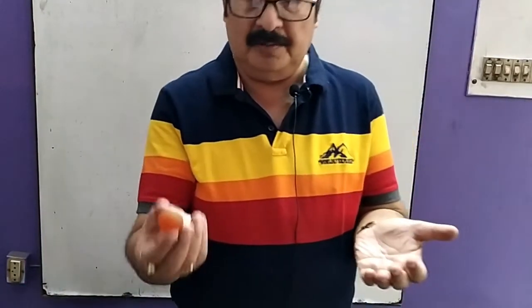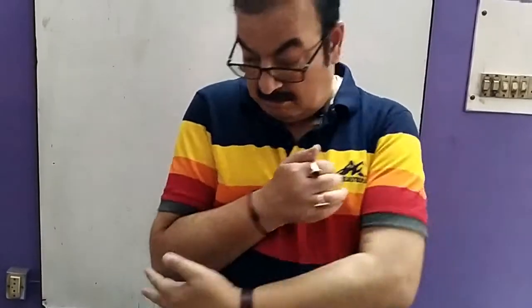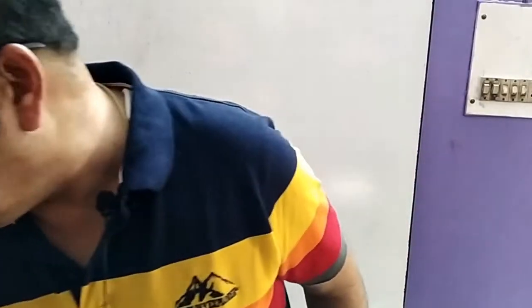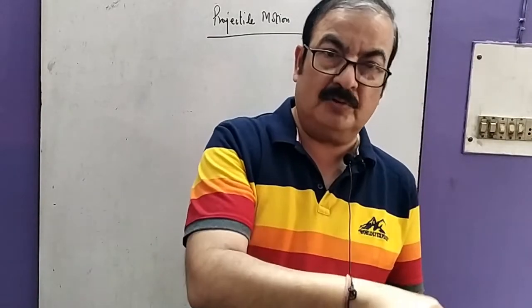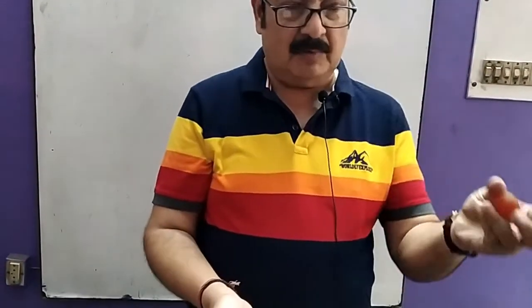If I move this ball, in every case, we have seen that this ball is thrown in the direction like this, and finally it moves down. Similarly, this ball was moving this way and finally it moved down.